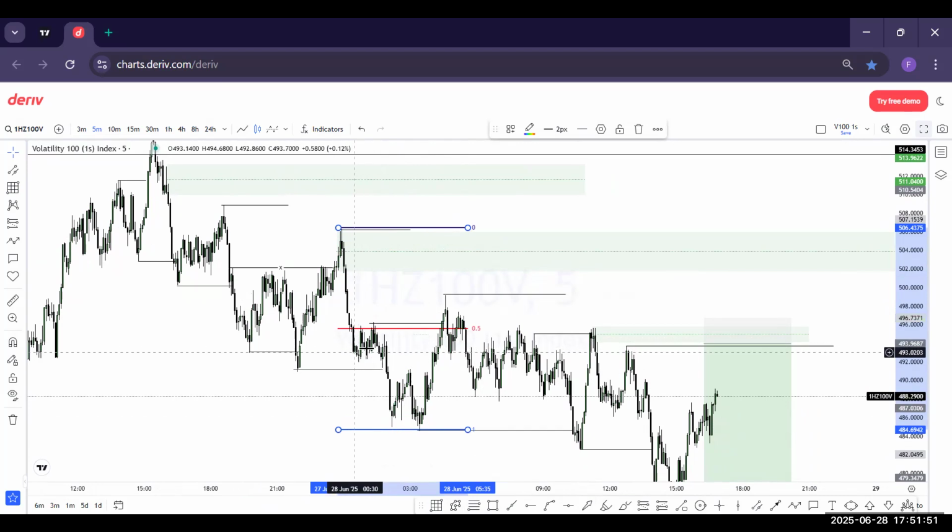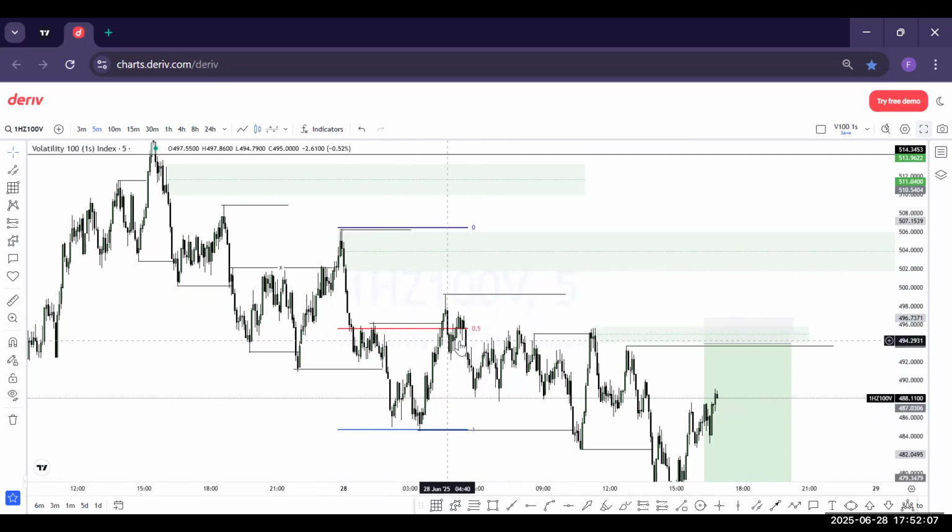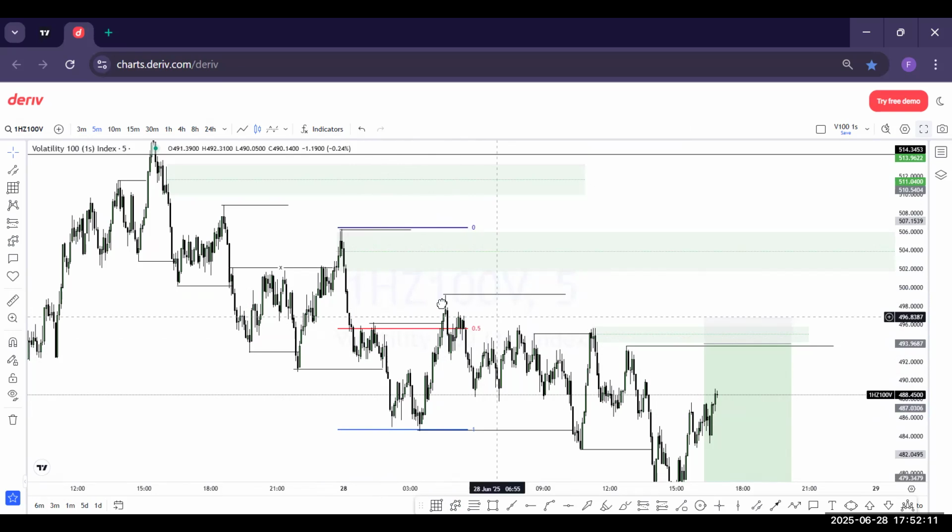This one is about giving us a type 2 format, right? Scenario 2. Assuming this came here and the inducement is here before breaking structure, it will give us scenario 2. So now we see price giving us a break of structure. So this is a valid inducement.